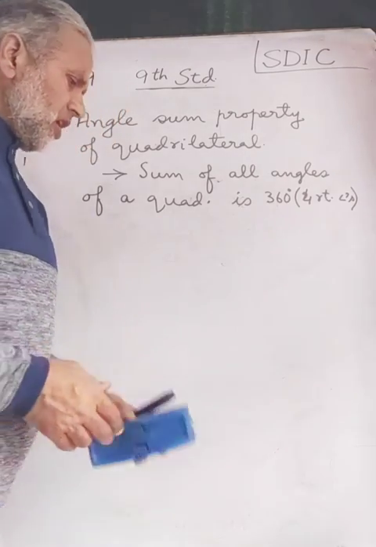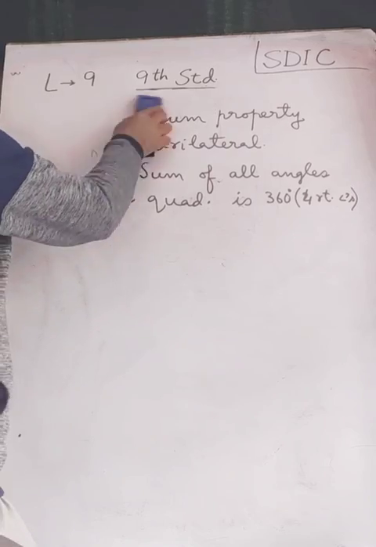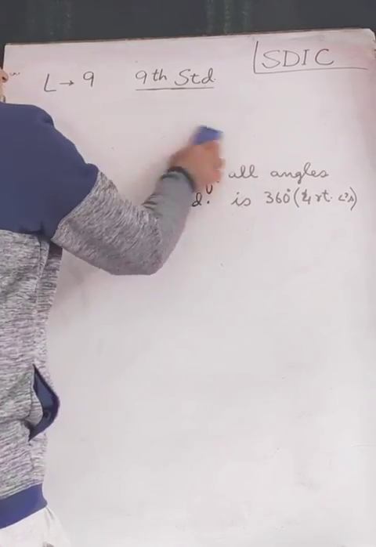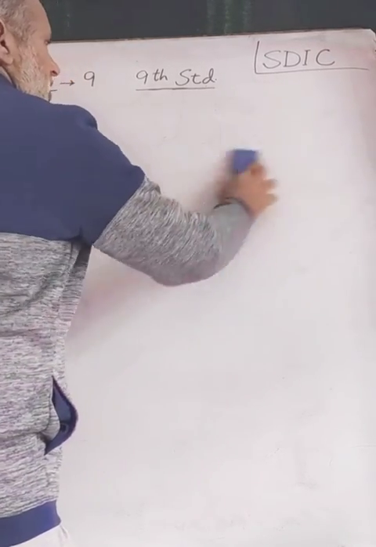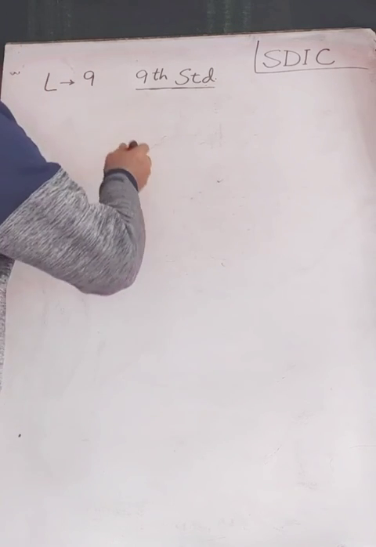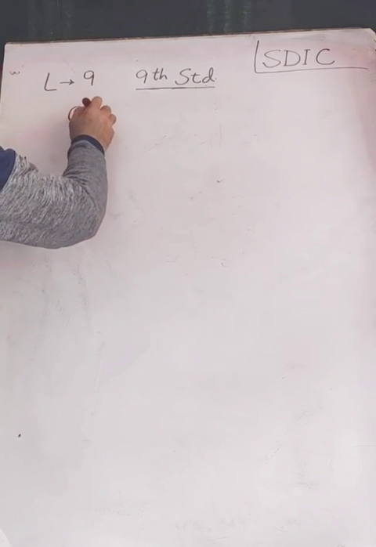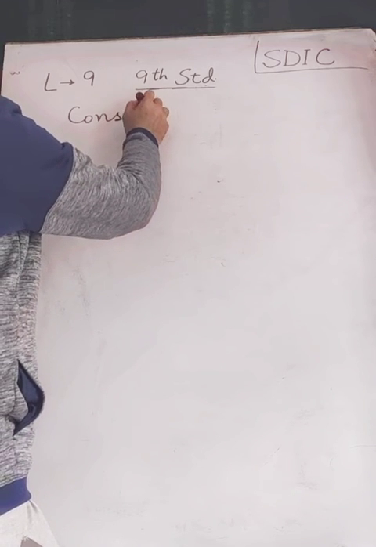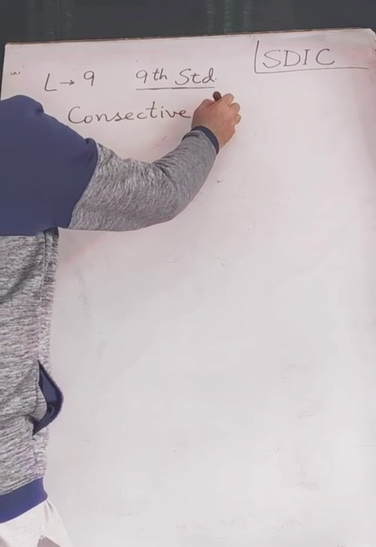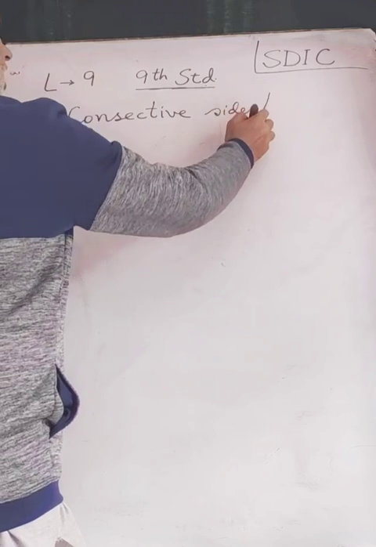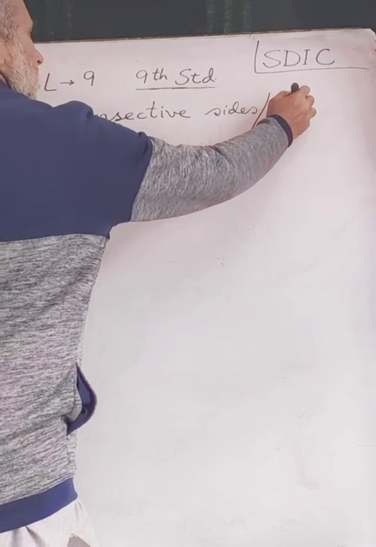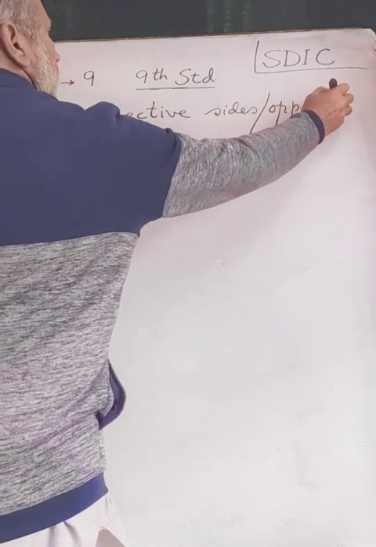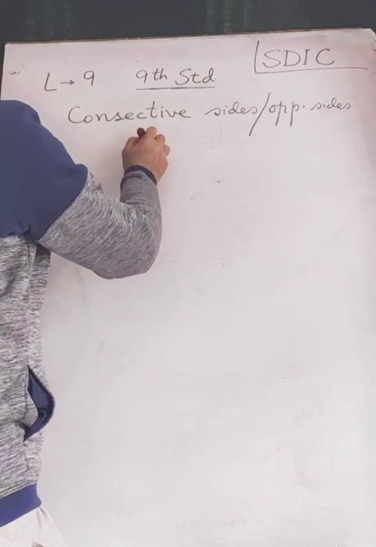Well, having said this, we next have consecutive sides and opposite sides of quadrilateral.